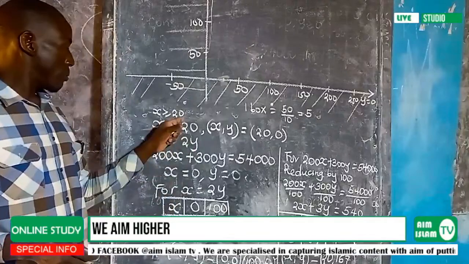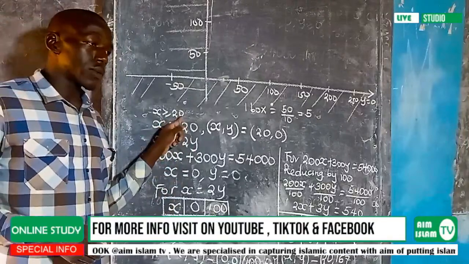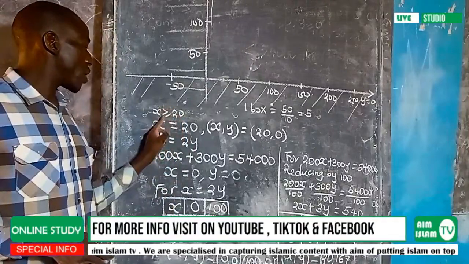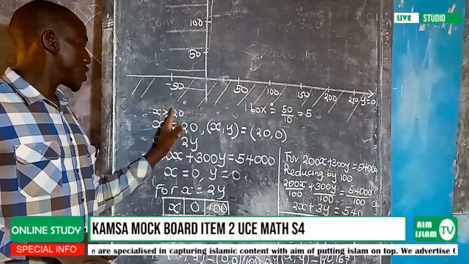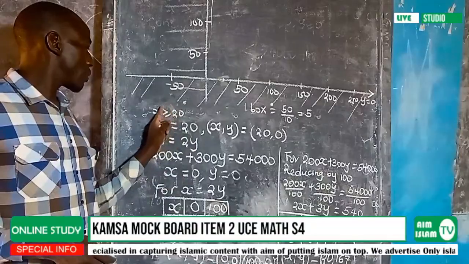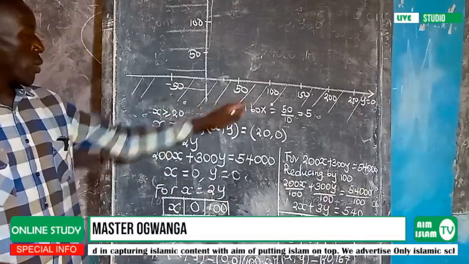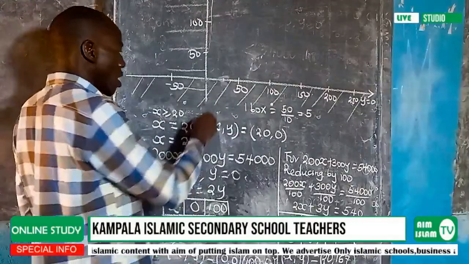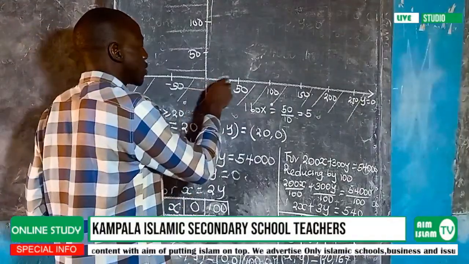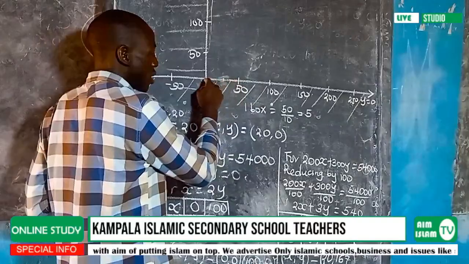We said greater than or equal to sign calls for a solid line in this case. So we look for x equals 20, and you realize that x equals 20 will be between 0 and 50.